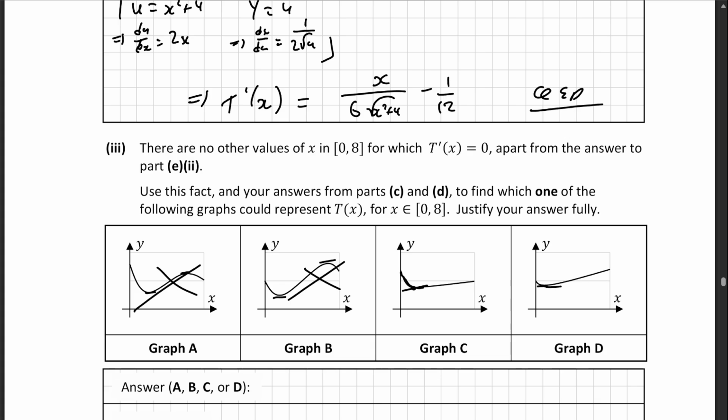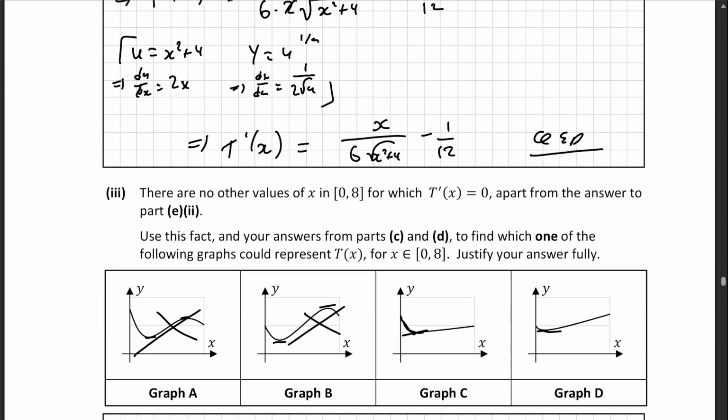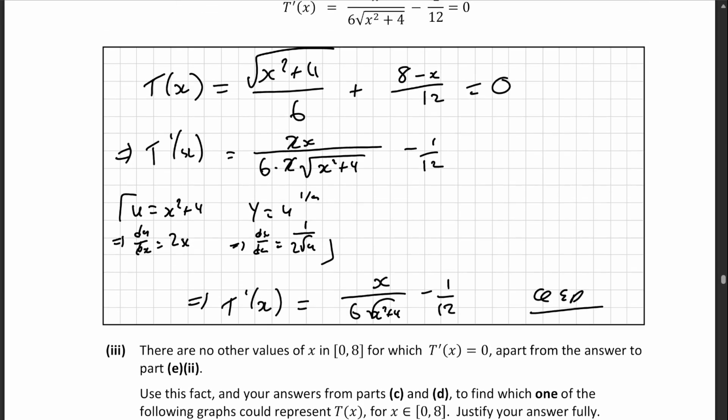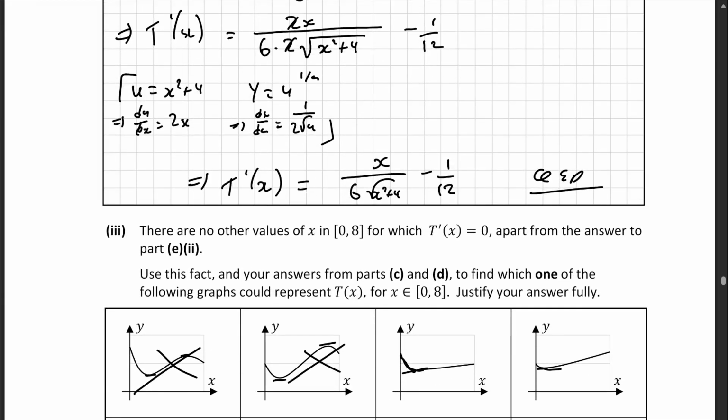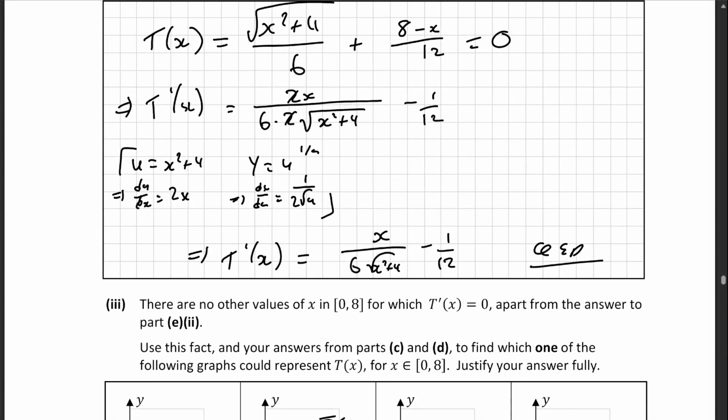So if there's just one turning point, then if t is 0, we're going to get something positive, and then as t grows larger, it's still going to remain positive. But then it's going to dip. Let me try thinking this again.